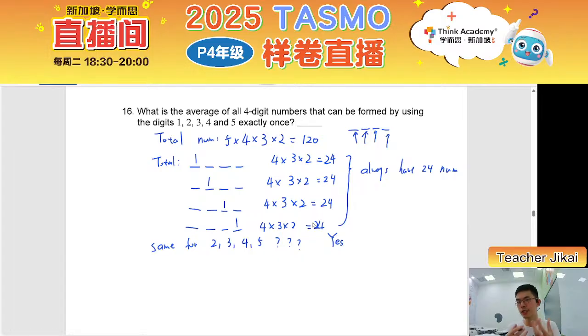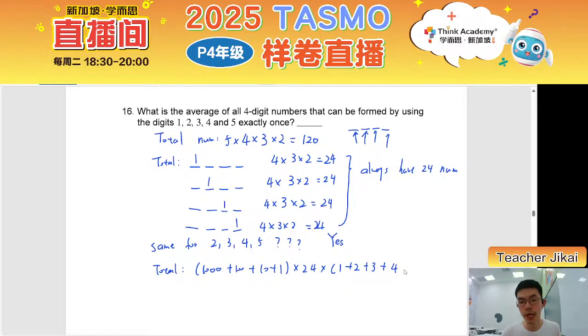So we can just use the place value principle, right? Here, the total will be the thousands place plus the hundreds place plus the tens place plus the ones place, right? And each one will have 24 numbers for 1 being here. So will it be the same for 2 being here? The same. For 3 being here, the same.